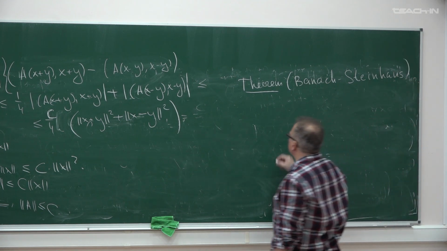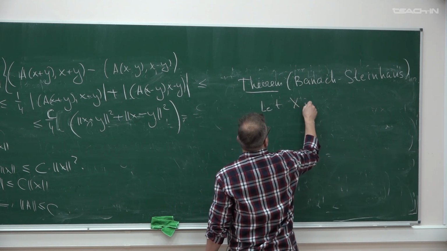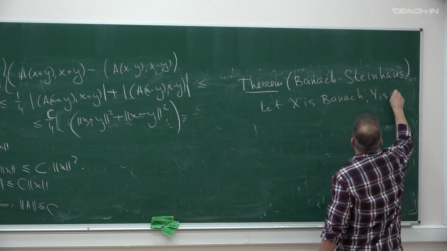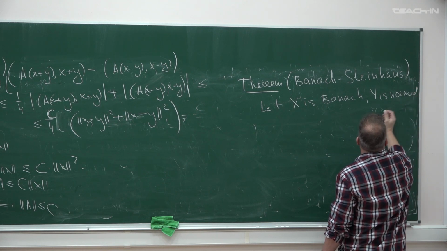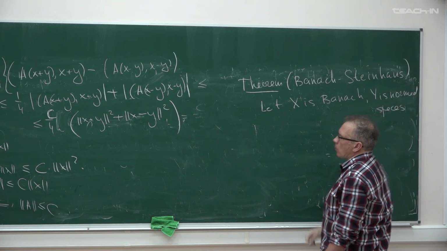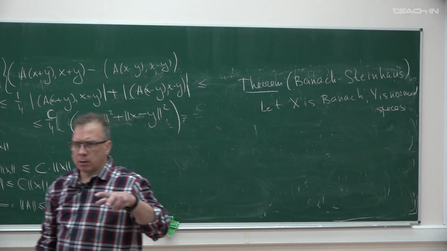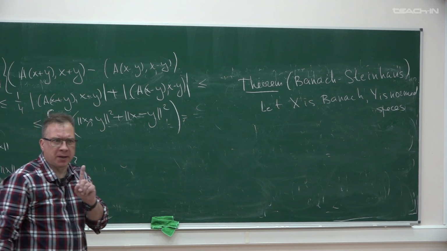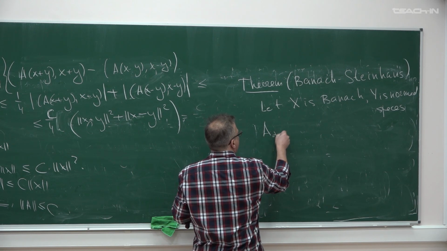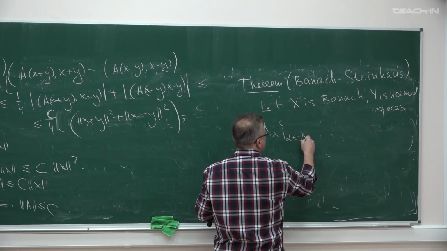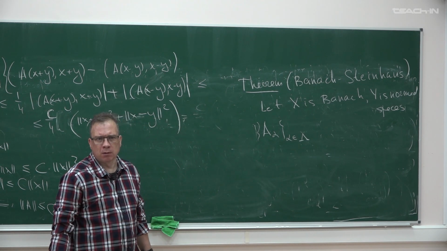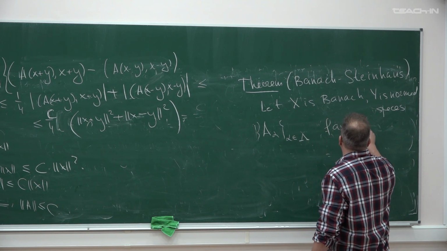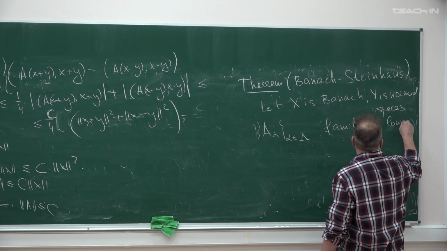The first space is Banach, it is complete. The second is not obviously complete, only normed. And we have a family of operators, A alpha, alpha from some set of indexes, capital lambda, a family of bounded operators.